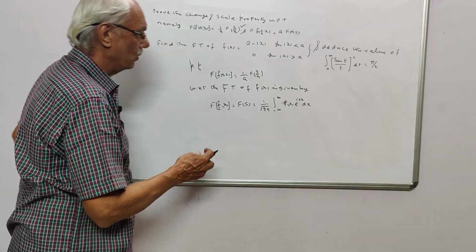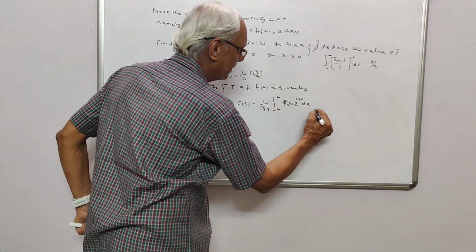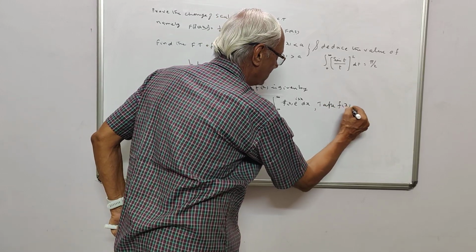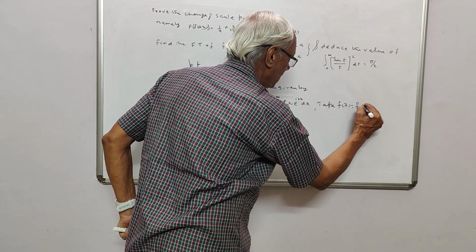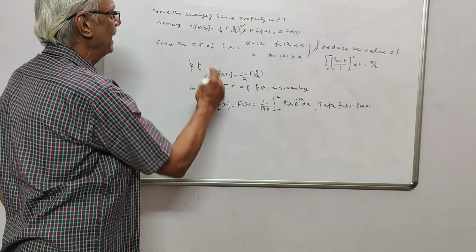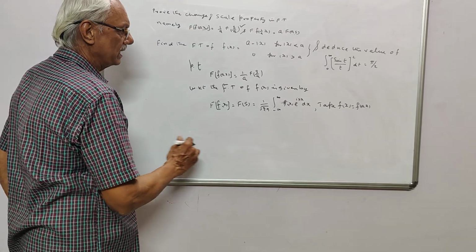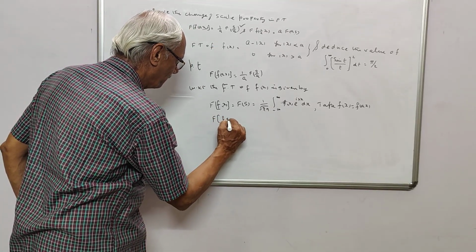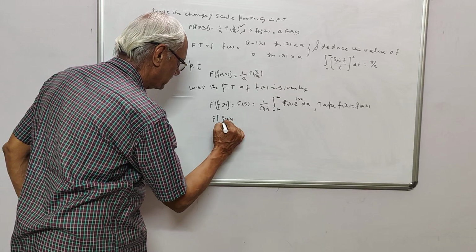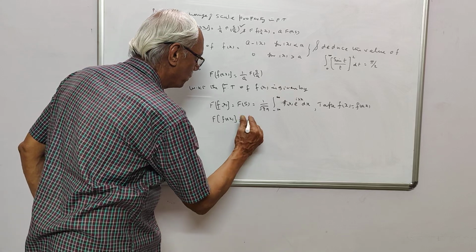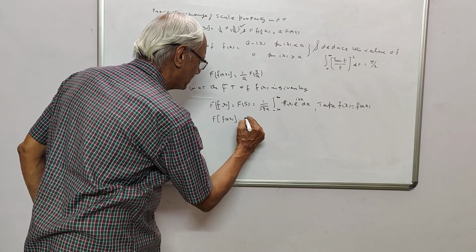Now take f of x is equal to f of ax. So you take this f of x as f of ax. Then what do you get here? F of f(ax) is nothing but your F of s only.